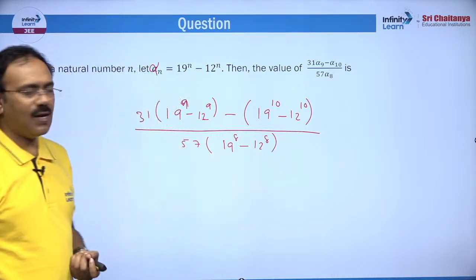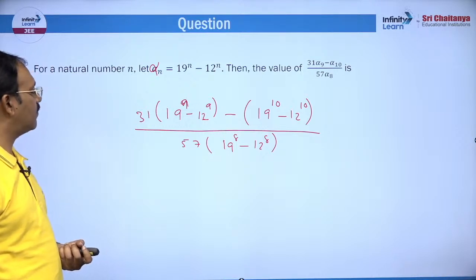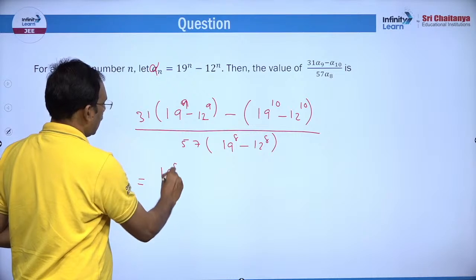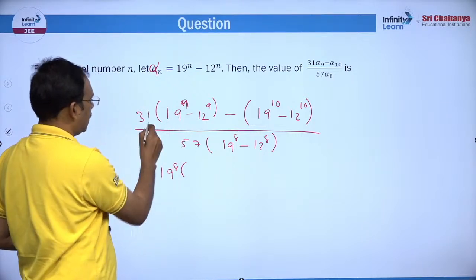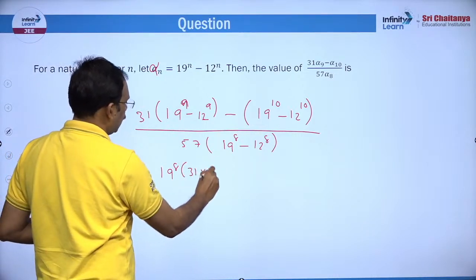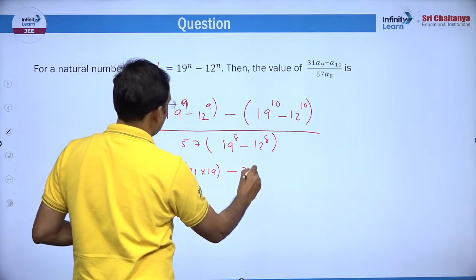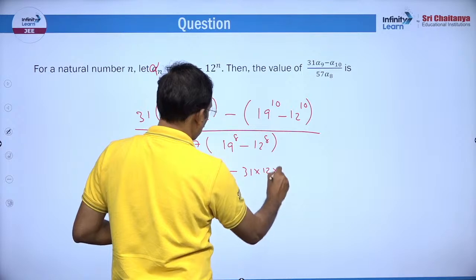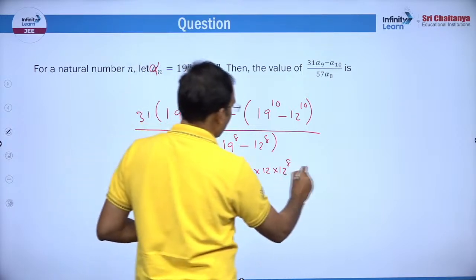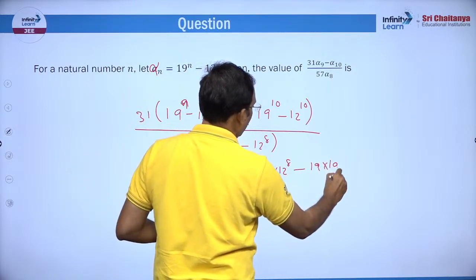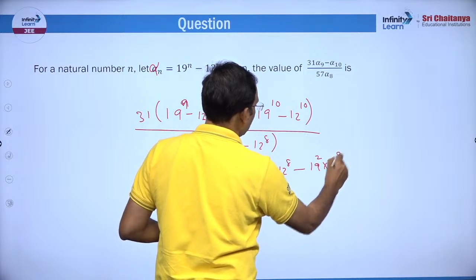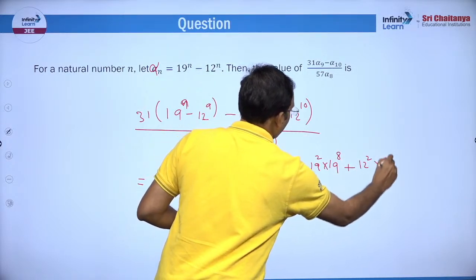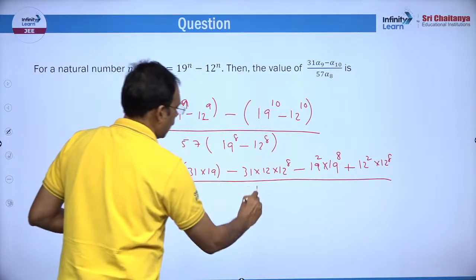So, can we rearrange the terms such that 19 power 8 comes as common? Suppose if I take 19 power 8 common here, you will get 31 into 19 minus 19 square into 19 power 8, plus 12 power 8 terms, 31 into 12 minus 12 square into 12 power 8, by the denominator.